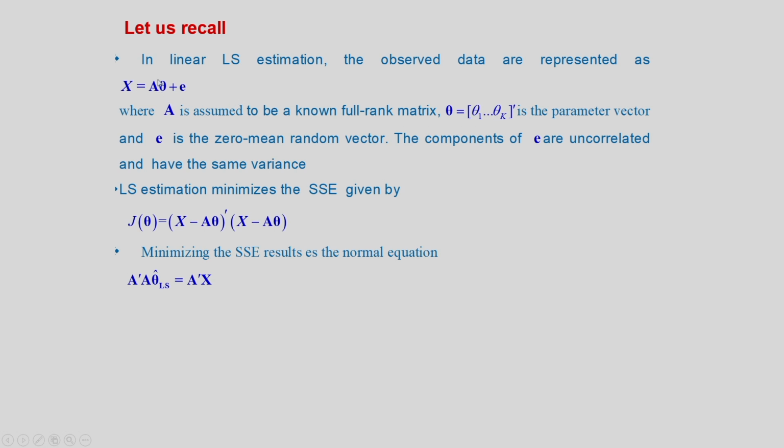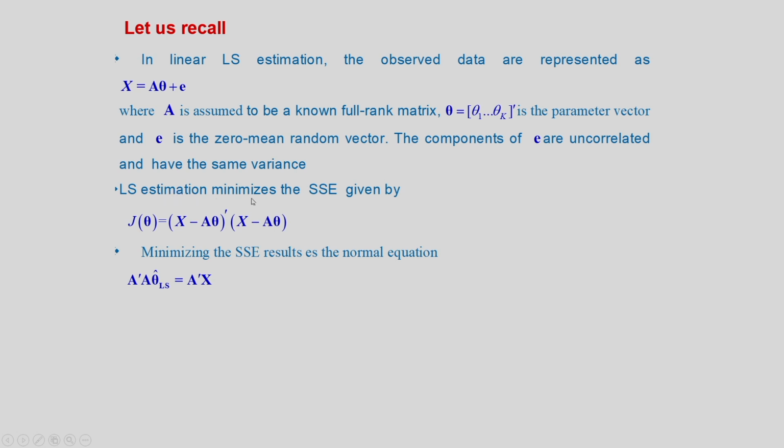So, data is a linear combination of the parameter vector plus some noise vector, and e is the zero mean random vector. The components of e are uncorrelated and have the same variance. So, e is a random vector and its components have the same variance and zero mean. And because of this random noise, this data is random.